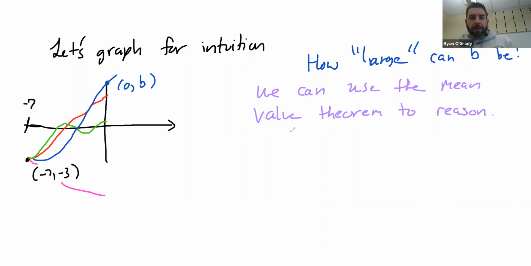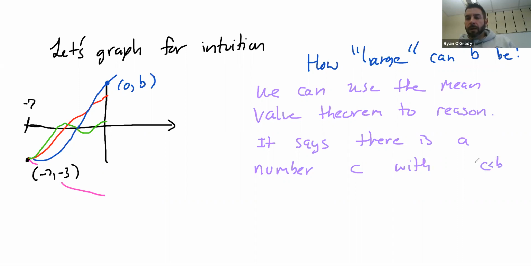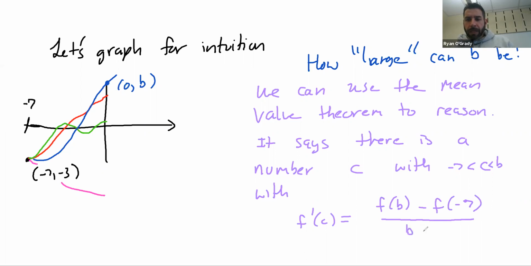Recall, the mean value theorem says that there is a number C, with C being between B and -7, with f prime of C equaling, excuse me, I wrote that wrong, the functions are up top, f of B minus f evaluated at -7, all over B minus -7. That's what the mean value theorem says.